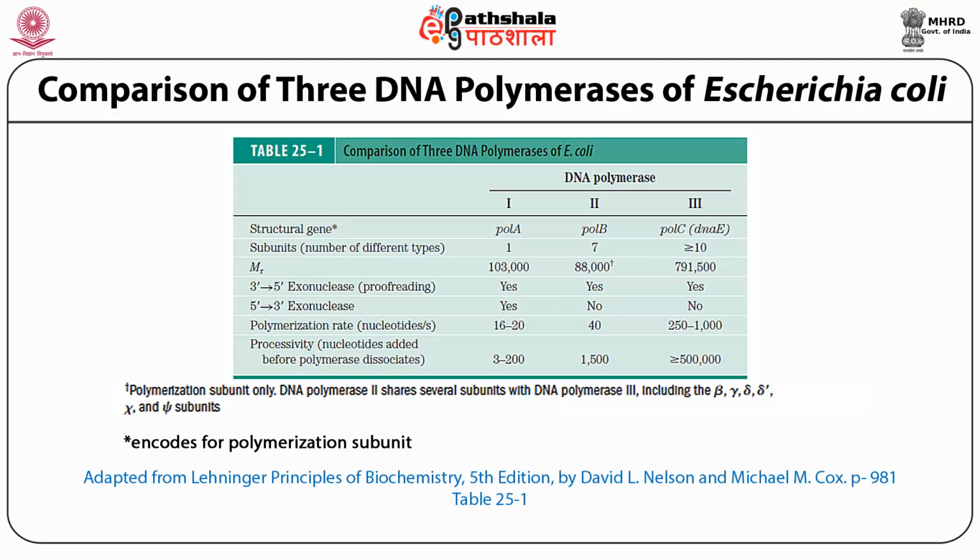But its processivity is almost 7 to 8 times that of DNA polymerase 1. And if we look at DNA polymerase 3 enzyme, it just has 3' to 5' exonuclease activity, no 5' to 3' exonuclease activity, but its processivity is much higher. It's more than about 5 lakh bases.